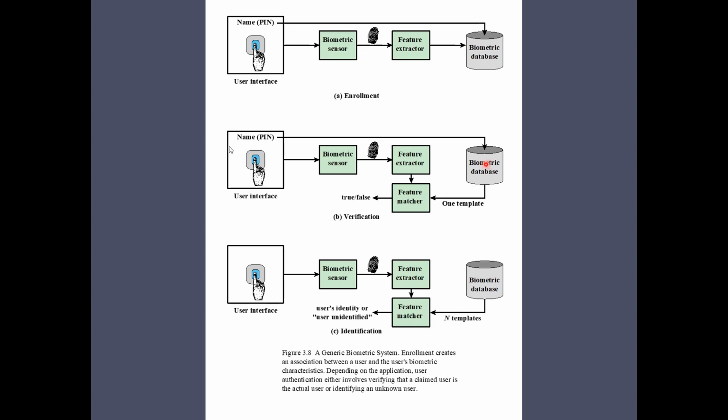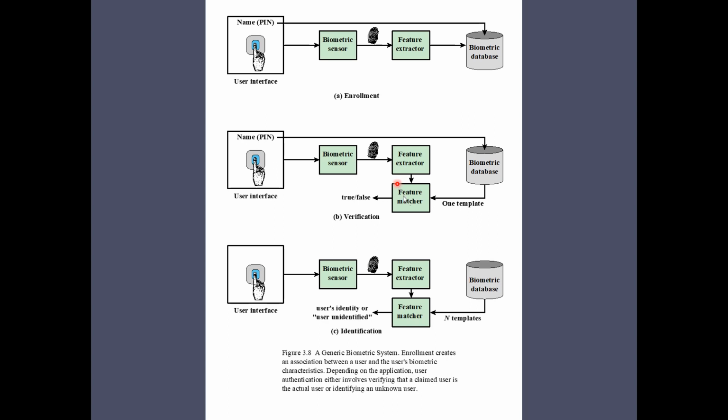If I entered Abdulwahid A, for example, the system will point at the record of Abdulwahid, and then get the features extracted at the enrollment phase, then compare them 1 to 1 to what is submitted.